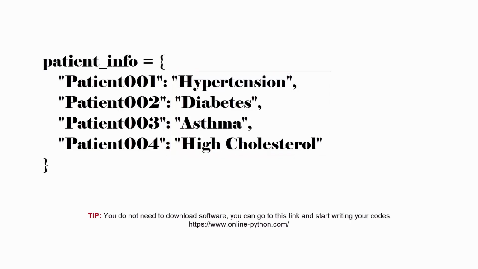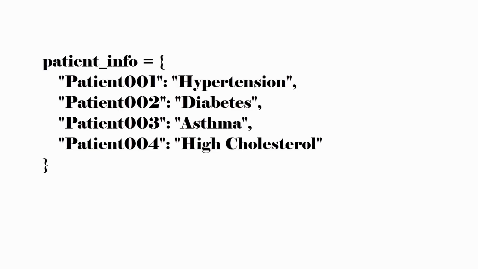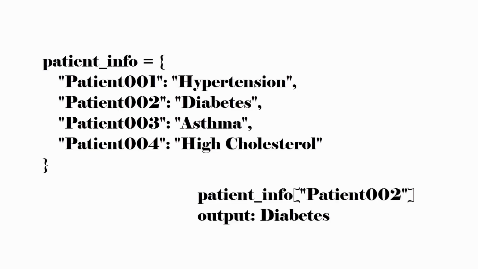Here, each patient's ID is a key, and their medical condition, such as hypertension, is the corresponding value. Just like in a hospital database, this dictionary helps doctors and nurses quickly assess a patient's medical condition by searching their ID. For example, to find out the medical condition of patient 002, you write patient_info['patient002'], which would give you diabetes.